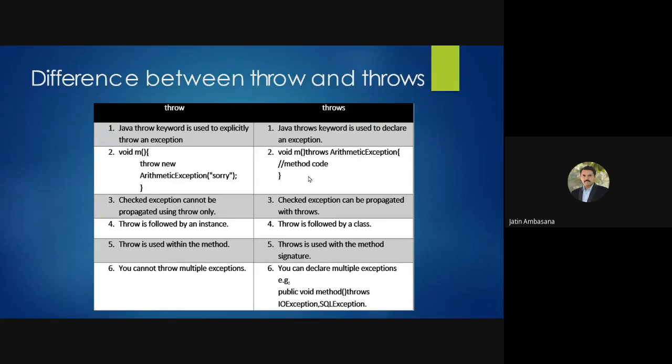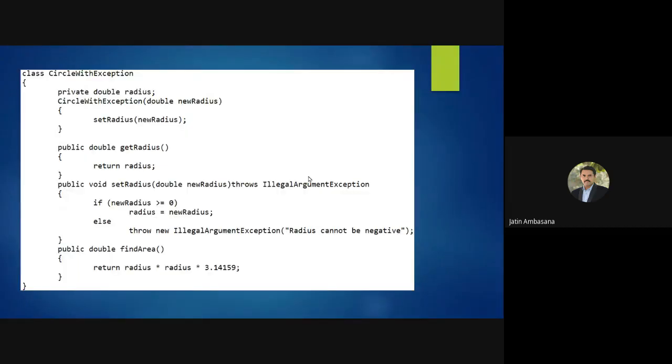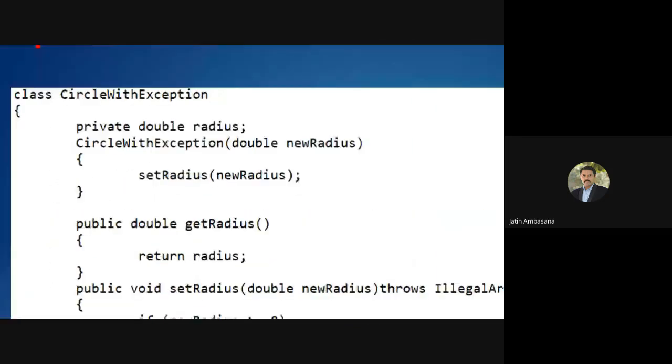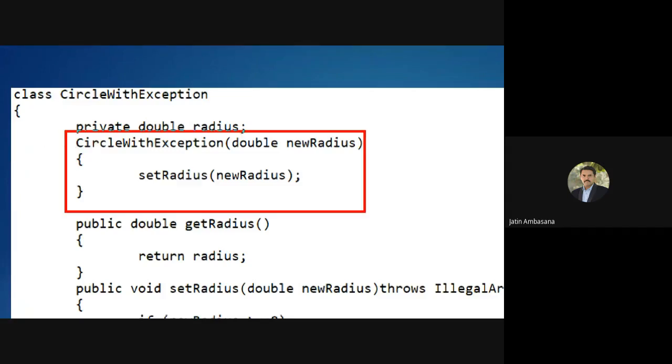Now, check this out over here. In this class, we say class CircleWithException. We have a radius variable, an instance variable, and in this constructor we are passing a double value, right?